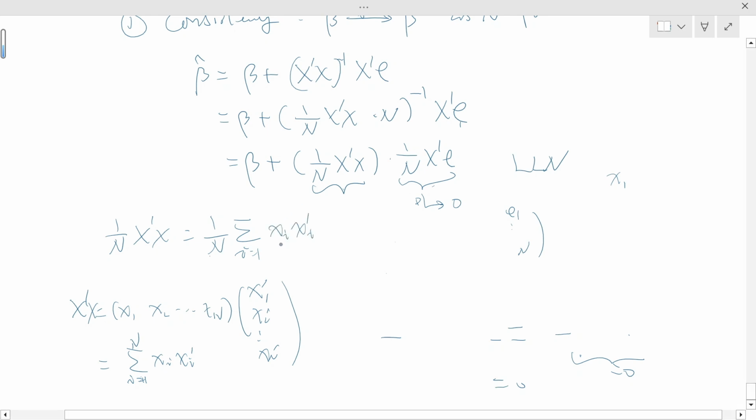Bear in mind that this is k by 1 times 1 by k, so it's a k by k matrix. And again, these random variables are IID, so the law of large numbers says that as n approaches infinity, it converges to this.